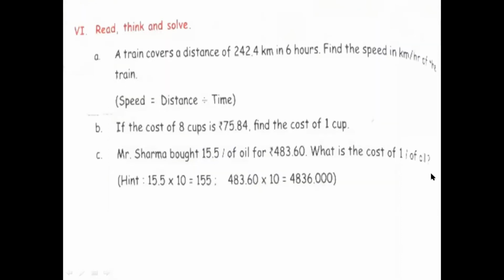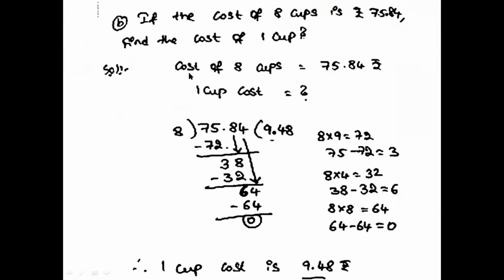Read, think and solve. B1. For example, if the cost of 8 cups is rupees 75.84, find the cost of 1 cup. Solution. The cost of 8 cups is equal to 75.84 rupees.